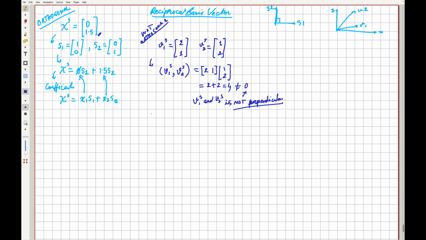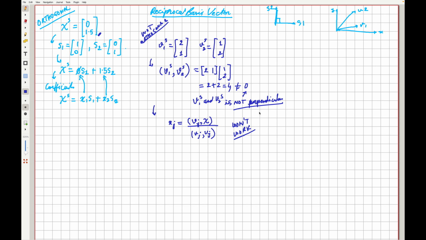And so the simple projection formula that we have looked at, x of j is equal to the dot product of v of j with x divided by the squared norm of v of j, won't work here.